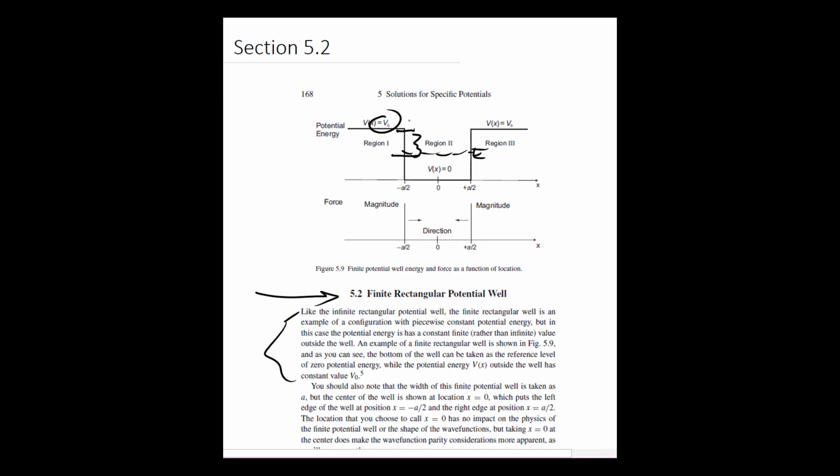So if V0 minus E is a small number, the particle's energy is up here. If V0 minus E is a big number, the particle's energy is down here. So I think of V0 minus E as giving an indication of how deep in the well the particle is. And remember, depth here refers to the energy, not the position of the particle. You see I use the phrase depth of the particle's energy level in the well.